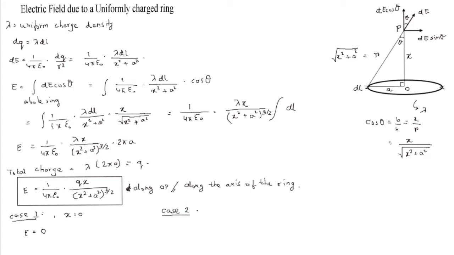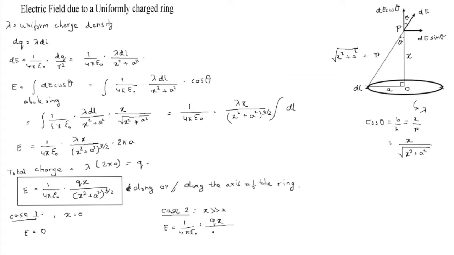Next, case 2, when x is much greater than a, that means the point of interest is much farther than the radius of the ring. In that case, the electric field becomes 1 by 4 pi epsilon naught q into x divided by, now if we put this huge value of x, x square becomes a very large value and a square becomes a very small value.